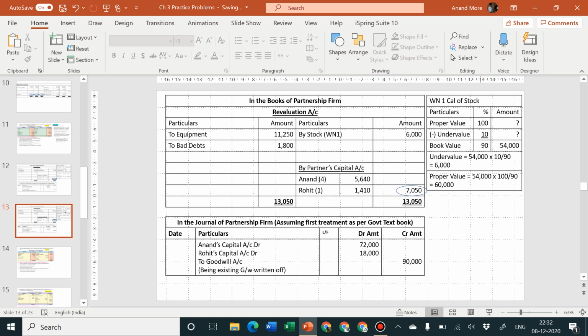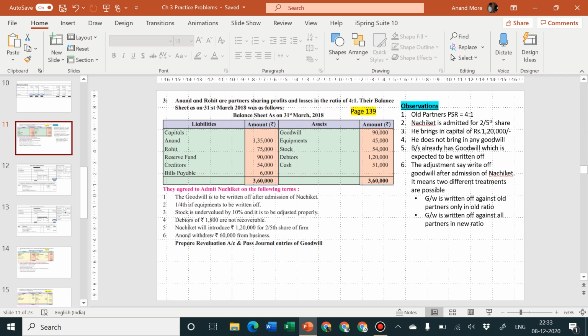Since revaluation is done before the admission of the new partner, he cannot get a share of the profit or loss of revaluation. In respect of goodwill, in this problem, since they have used the words "write it off after admission of Nachiket", we are considering only the change in the adjustment of goodwill.